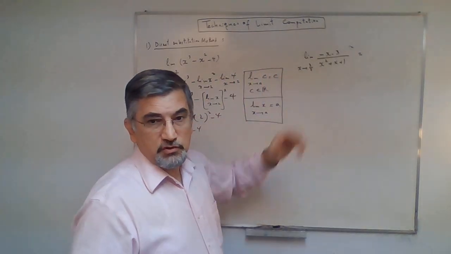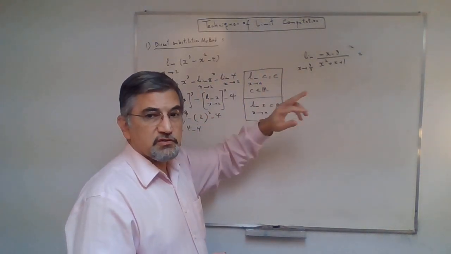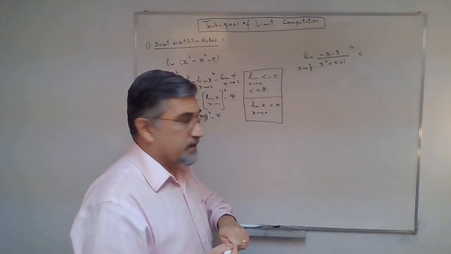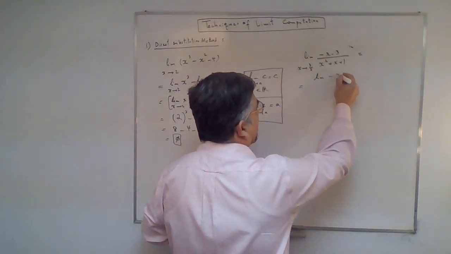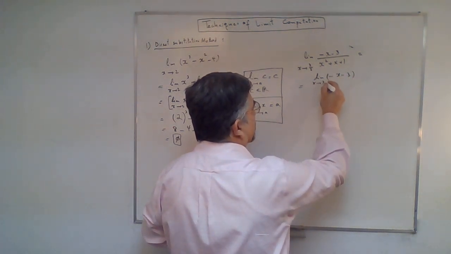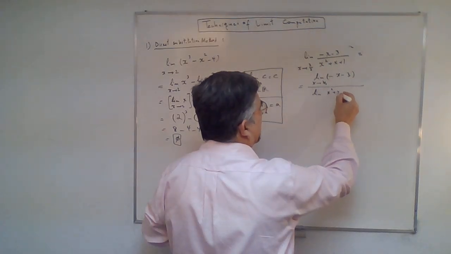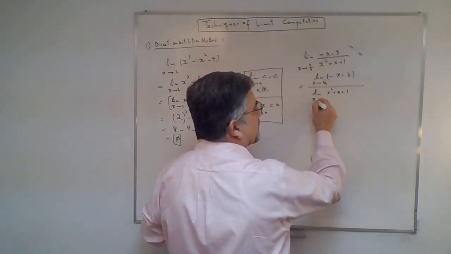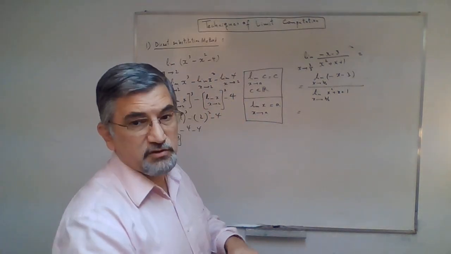This is another quotient here. What comes to my mind is that the limit of a quotient equals the quotient of the limits. So I'm going to say this is equal to the limit of the numerator when x approaches 3 over 2, divided by the limit of the denominator when x approaches 3 over 2, on condition that the denominator is not 0.